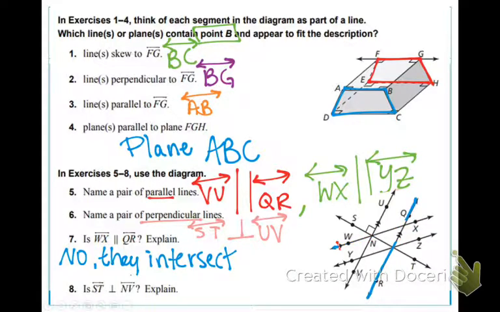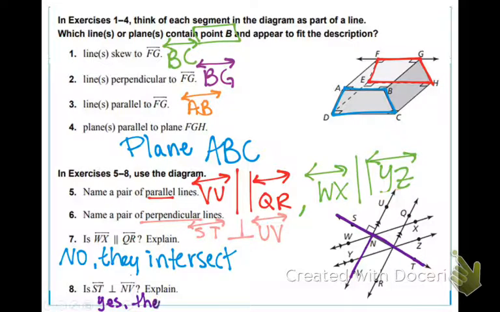All right, and then the last, what two lines are we questioning? ST and NV. It says that they are perpendicular. So do they intersect and form 90? Yes, they do. And that's the reason.